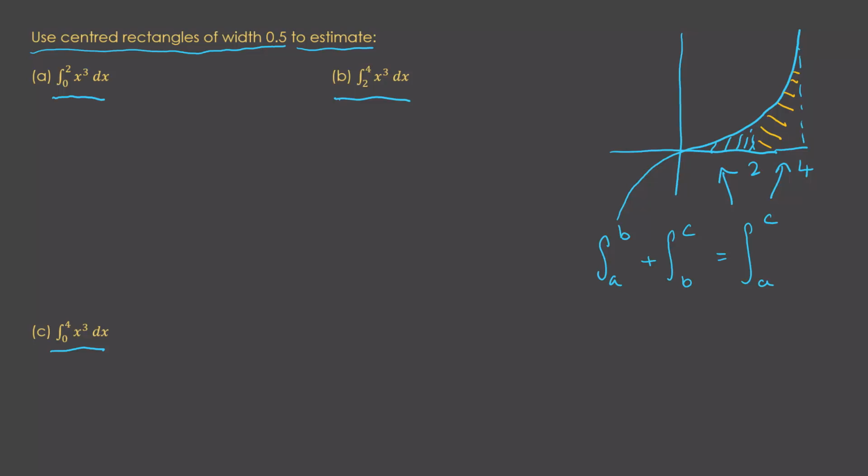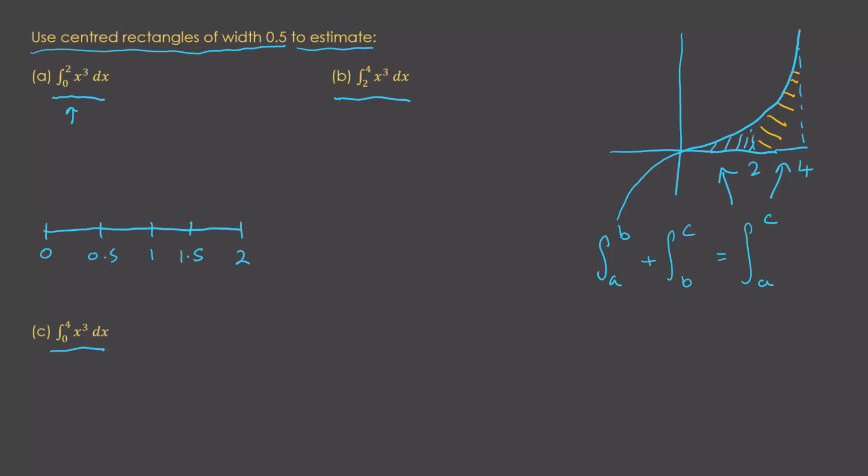So if we just spend a minute setting up this first one, and then I'm going to assume that you know what I mean for all of the others. So I'm going from 0 to 2, which means if the width is 0.5, these will be the bounds for our rectangles.